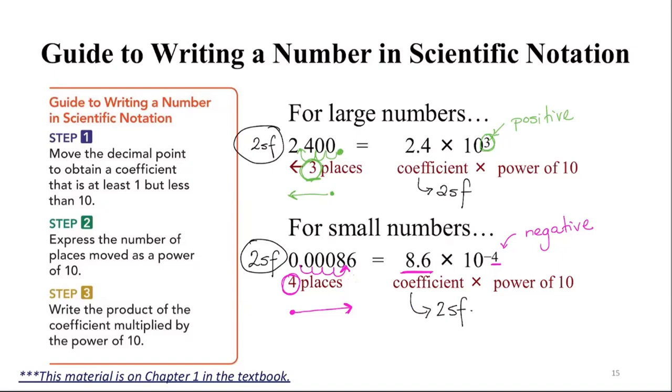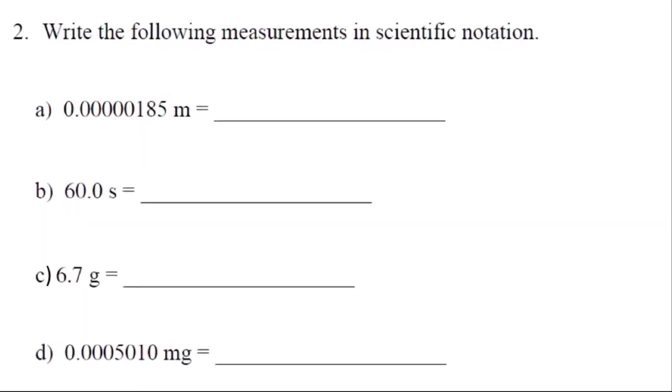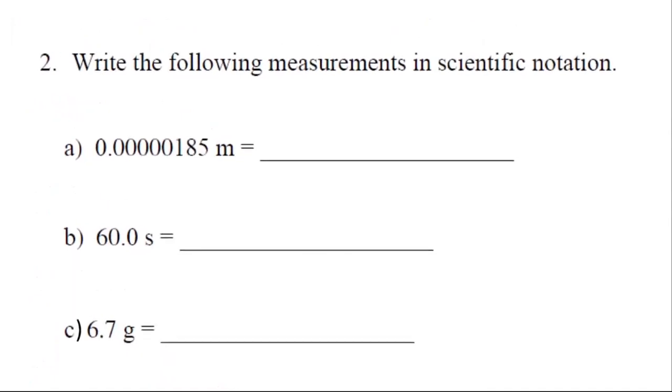Let's practice taking some measurements and converting them into scientific notation. So as you can see, this is problem 2 in the in-class worksheet, okay? So I'm going to do A and B, and then we're going to do as a group C through F. So we have the following measurement.